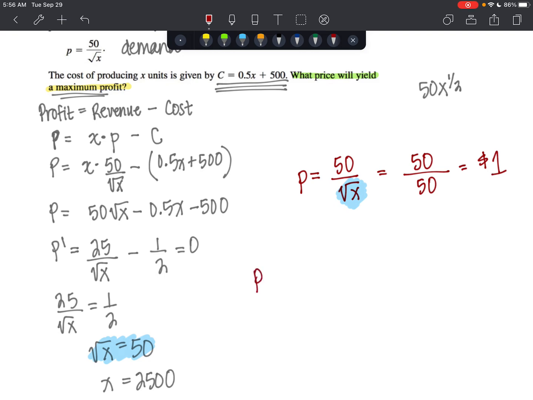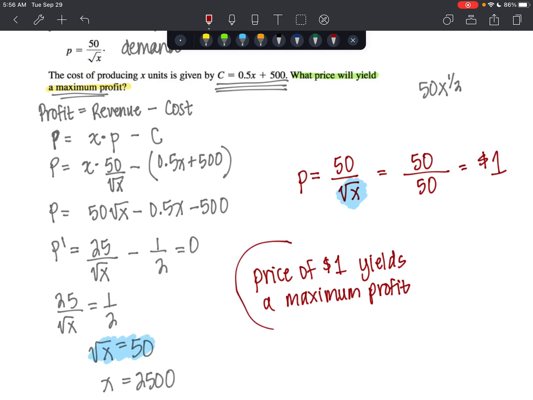The price of $1 yields, that means provides, results in a maximum profit. And that's our answer. Hot diggity dog.